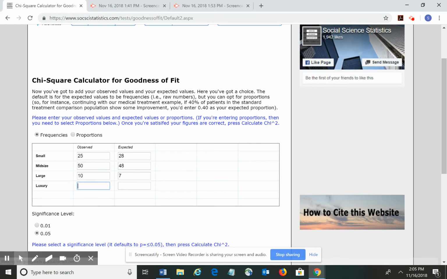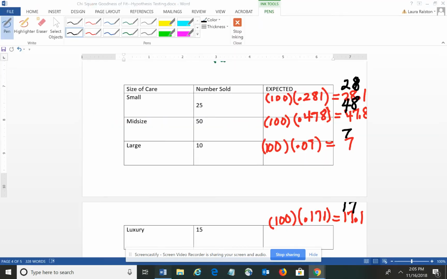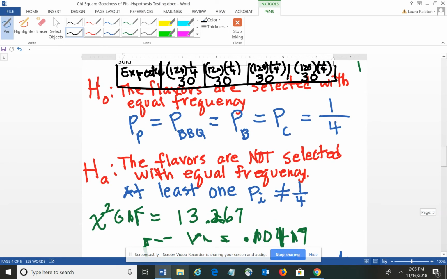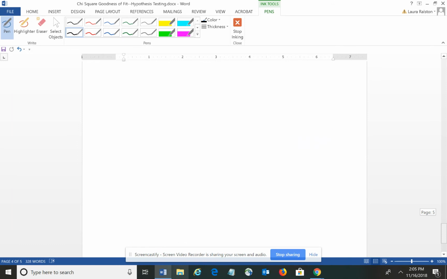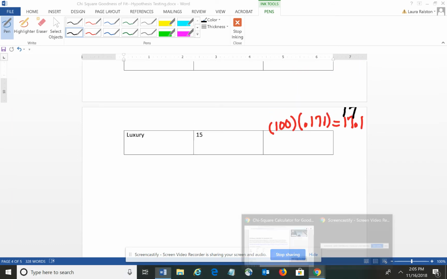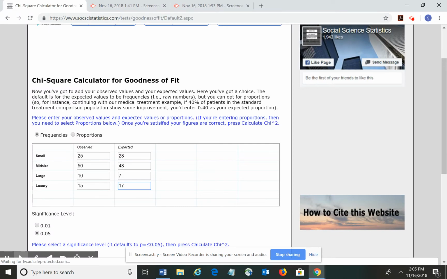We expected 7. We sold 15 luxury, and we expected 17. Our significance level, which was given to us in the problem, is 0.05, so you select 0.05 as your significance level.